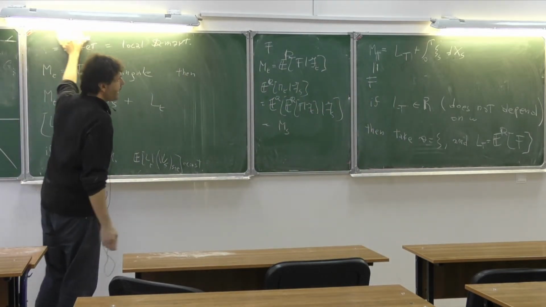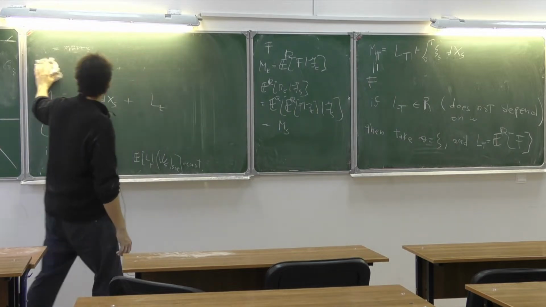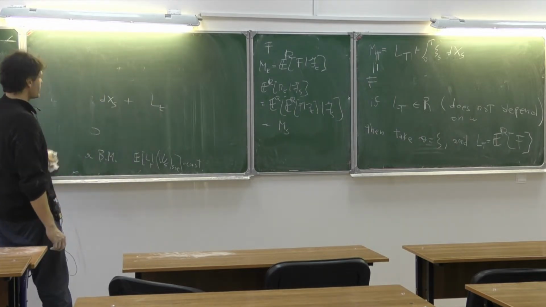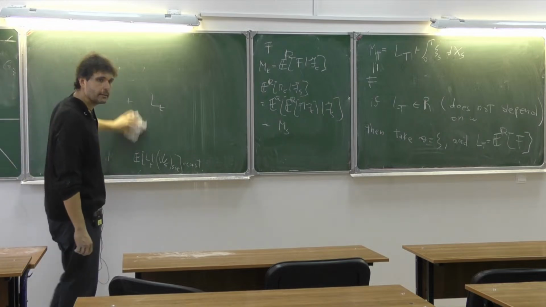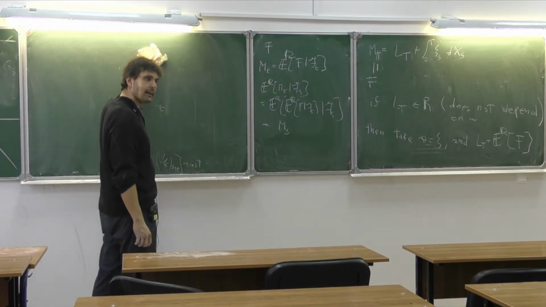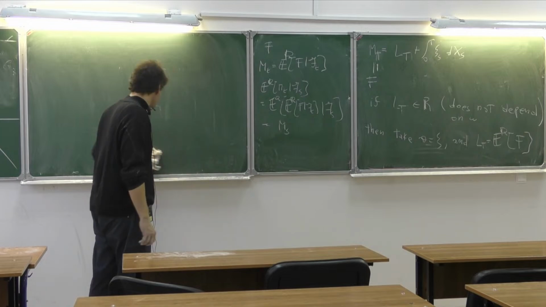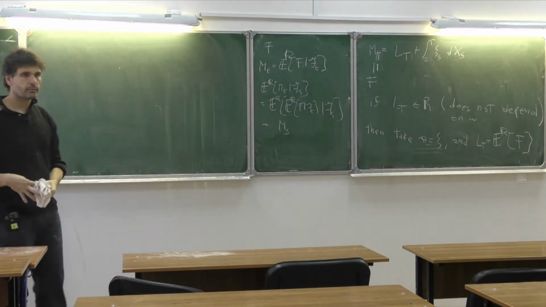If X is a Brownian motion and F is measurable in the filtration of Brownian motion, then L is a constant. This we checked last time. It was a bit tricky proof.